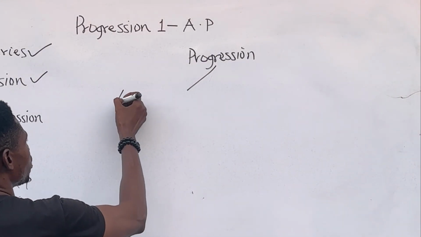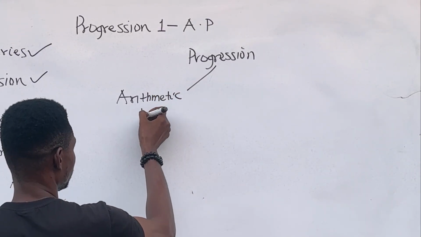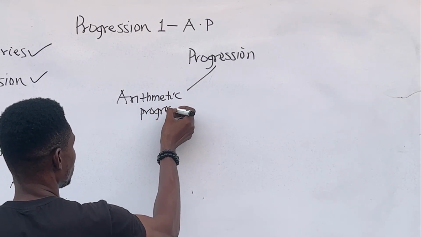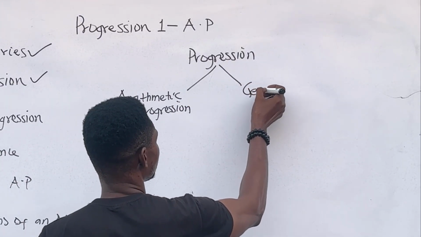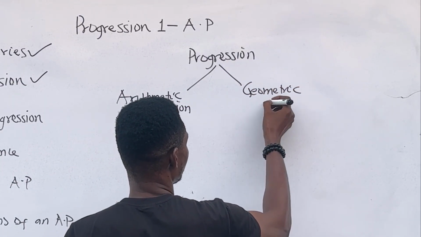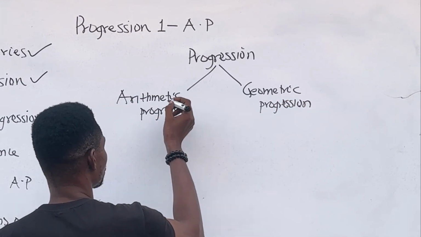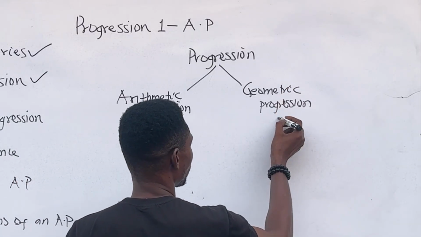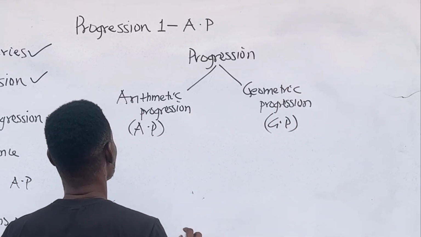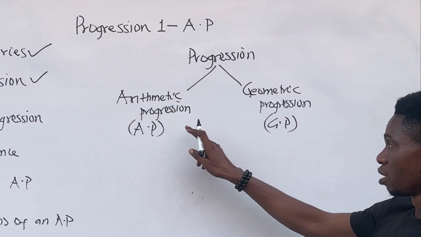One is arithmetic progression, and the second is geometric progression. For short, we're going to call the first one AP and the second one GP. So anywhere you see me writing AP, I mean arithmetic progression.